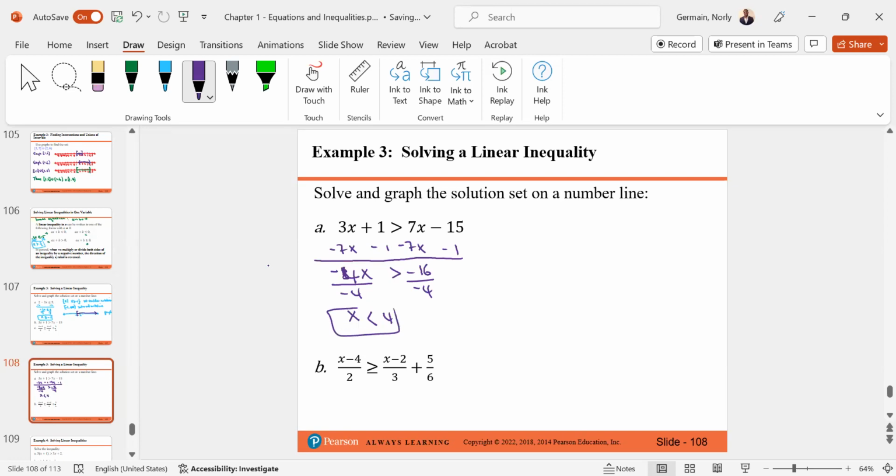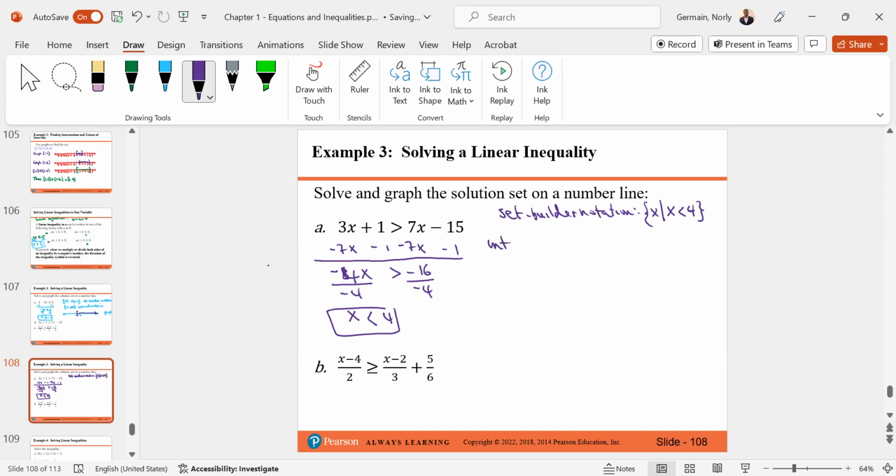This is the answer. Remember, when you have the answer, you can rewrite it in set builder notation. We said x such that x is less than 4. That's set builder notation.